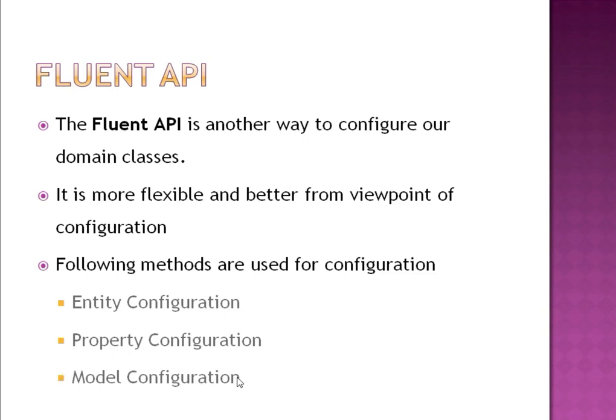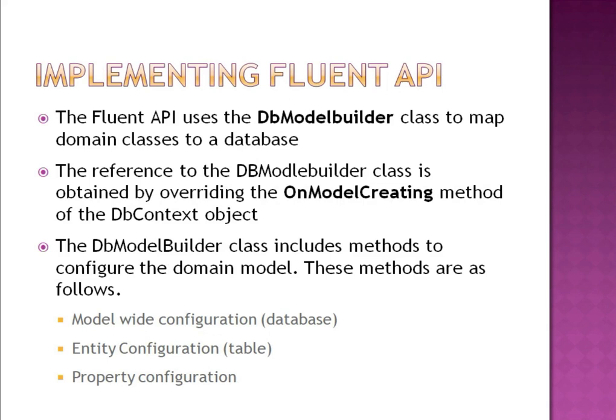Okay. Now, how to implement the Fluent API in your application? Basically, Fluent API uses the DbModelBuilder class to map the domain classes to the database. The reference to this DbModelBuilder class is obtained by overriding the OnModelCreating method of the DbContext object. While studying the code first approach practically, I told you that we have to create one DbContext class.